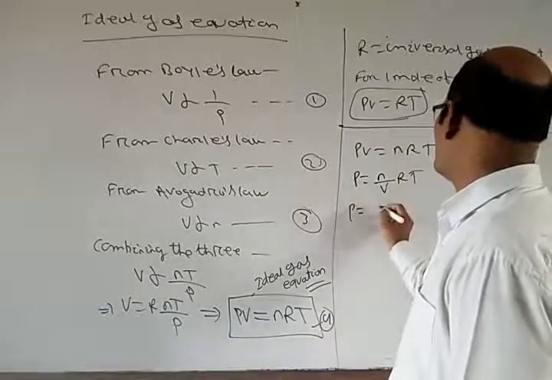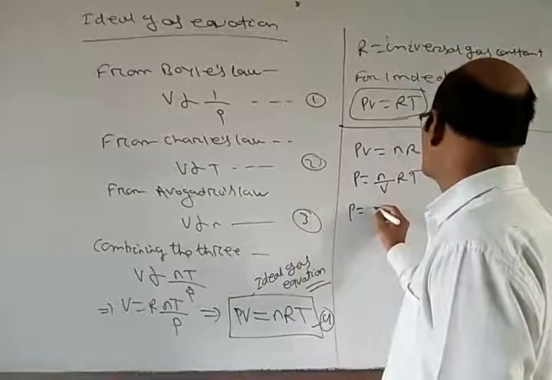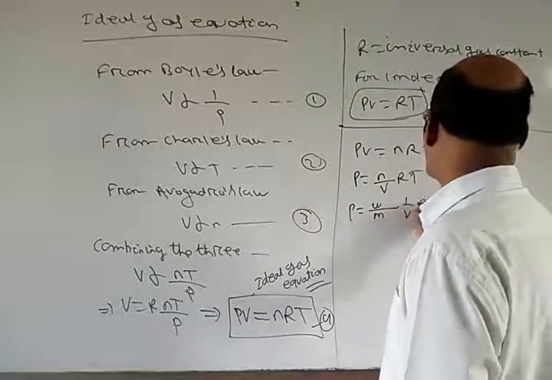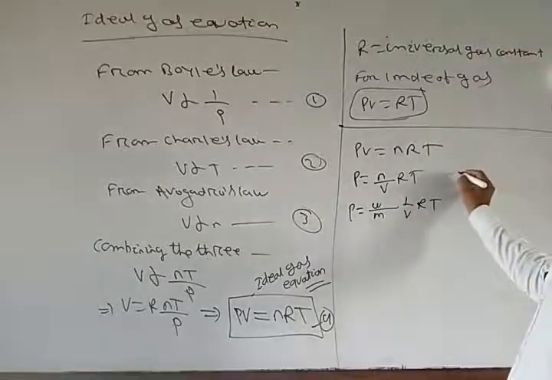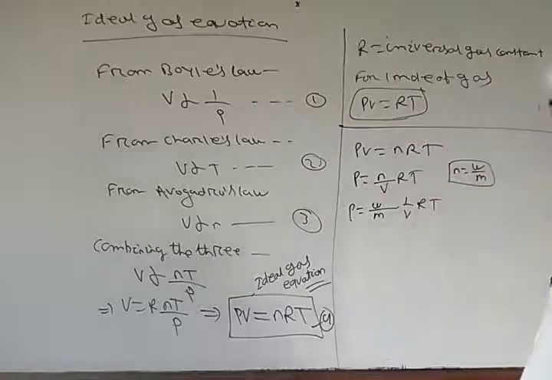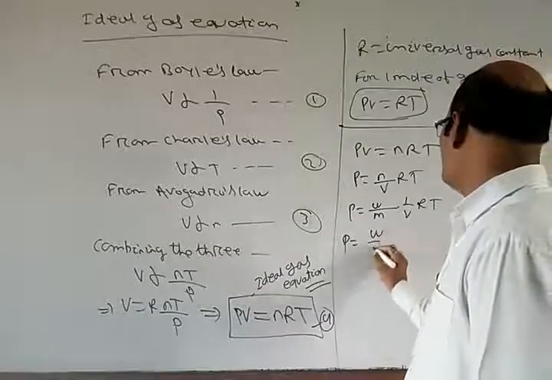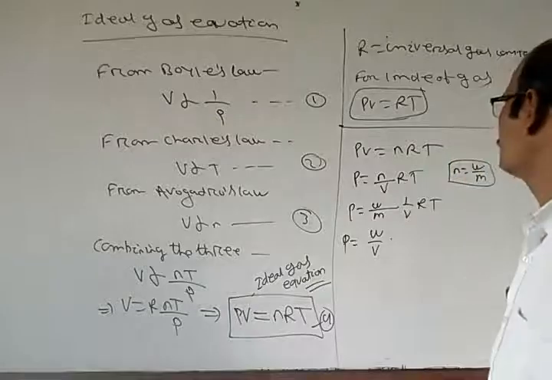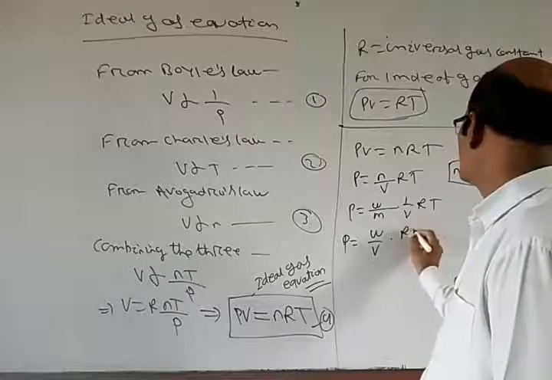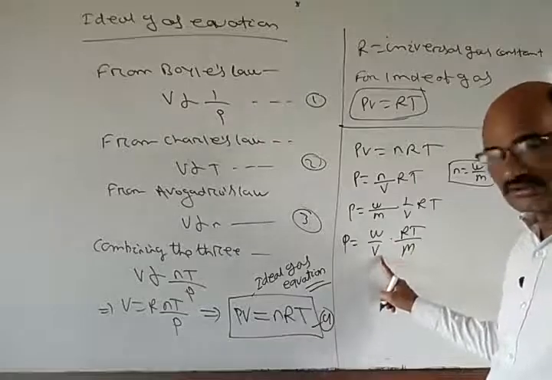Here n, the number of moles, is equal to mass by molecular mass, w by M. So P equal to w by V into RT by M. Now mass by volume is density.